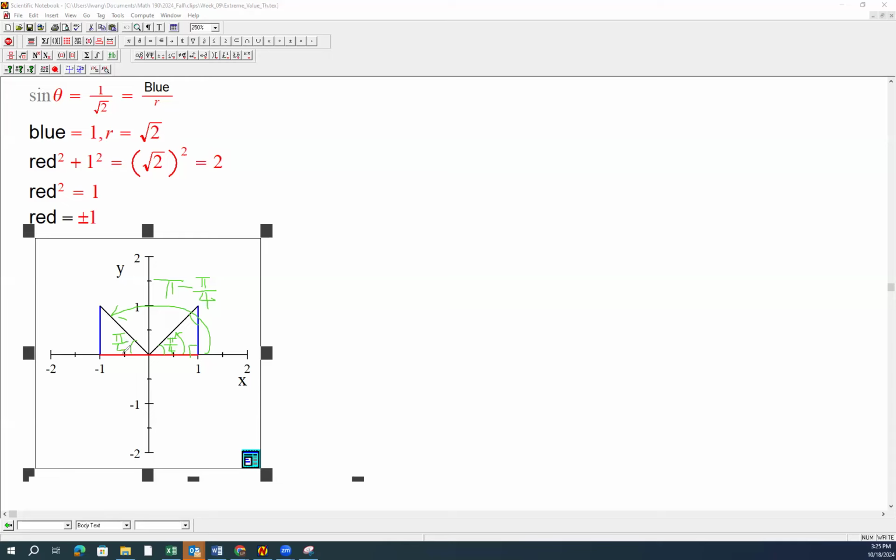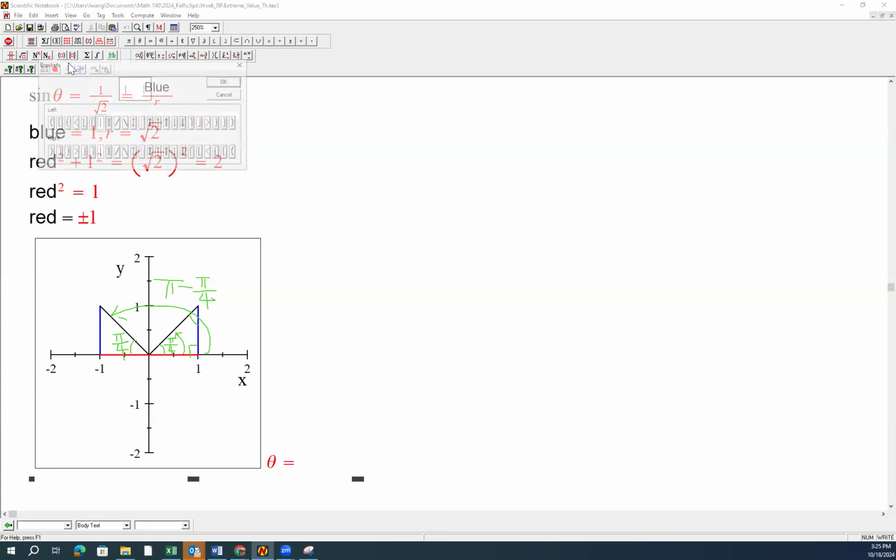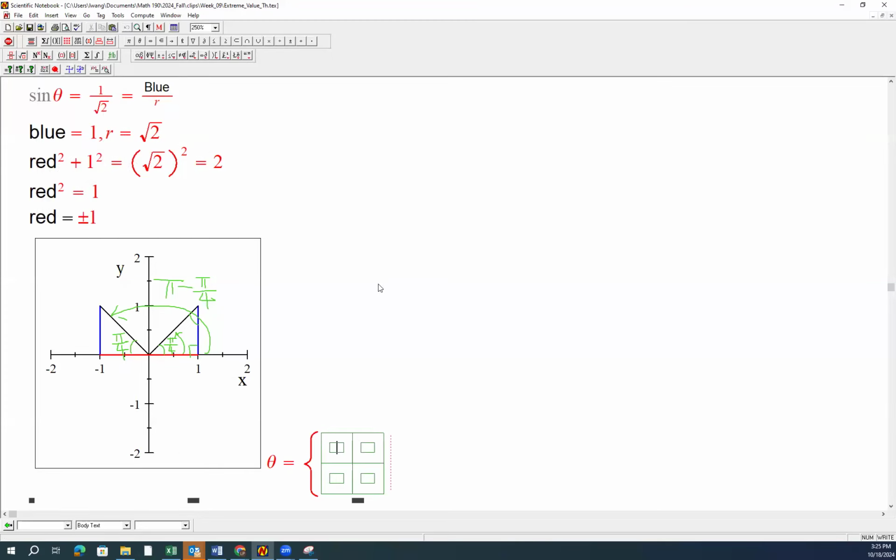So by this time, we're ready to write down all of our critical numbers, which are the theta. We have lots of theta. One is terminating at pi/4, so that's going to be pi/4 plus 2k pi.